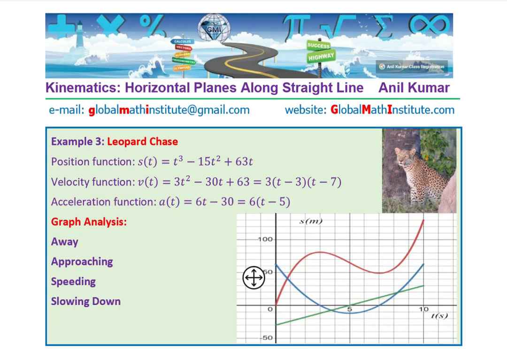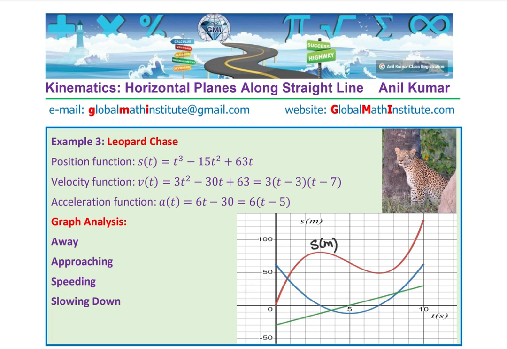So now, I'd like you to analyze the situation when all three graphs are given together. So now we have this particular graph. Can you recognize which one is velocity, which one is acceleration, and which is the displacement graph? Clearly, the cubic function is your displacement graph, right?